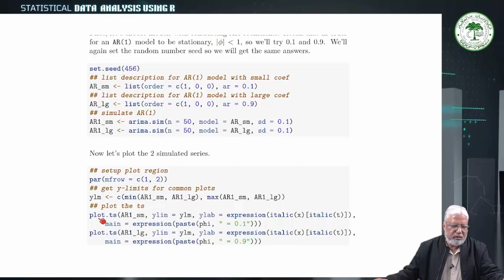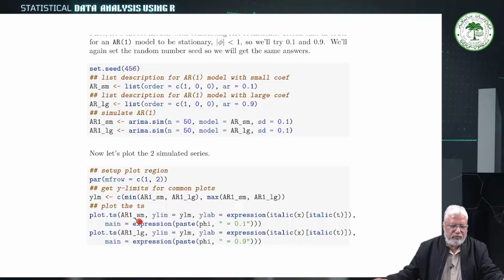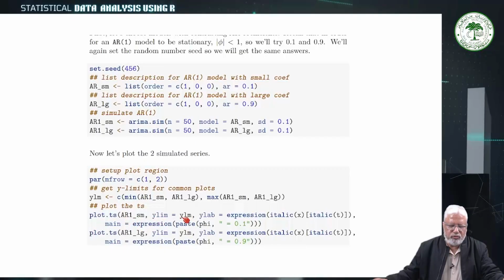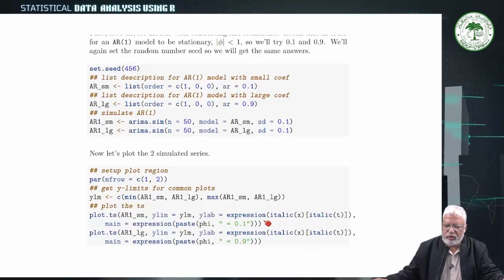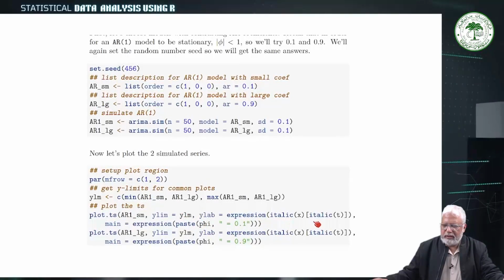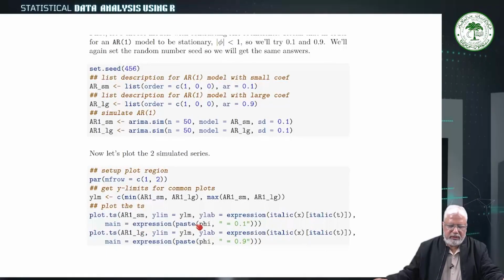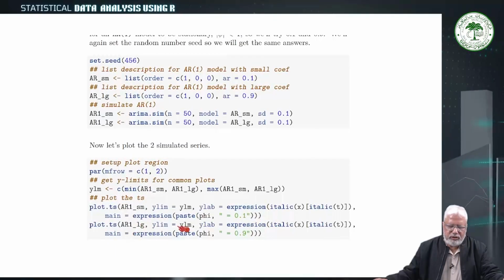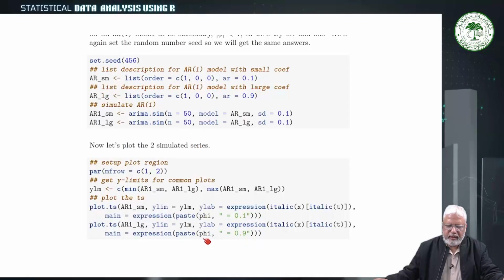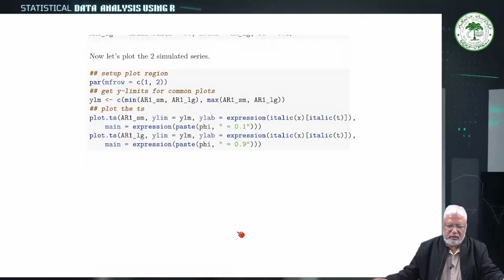And then plot.ts(ar1_sm, ylim = ylm, ylab = expression(italic(x[t])), main = expression(phi == 0.1)). Then plot.ts(ar1_lg), and here the main title is paste(phi == 0.9).